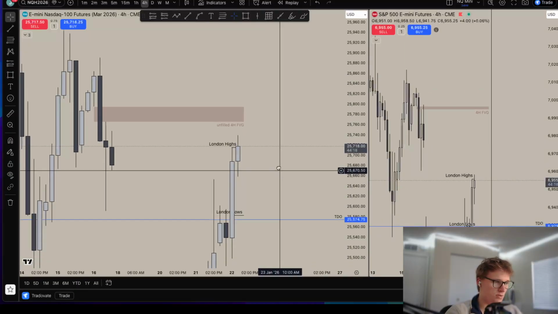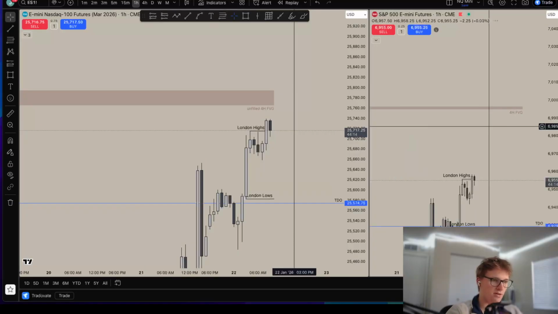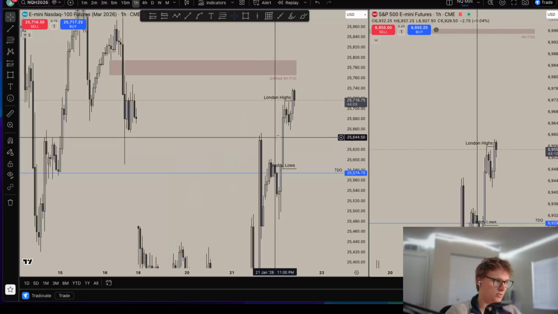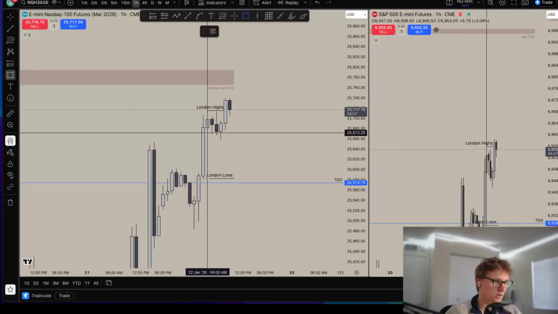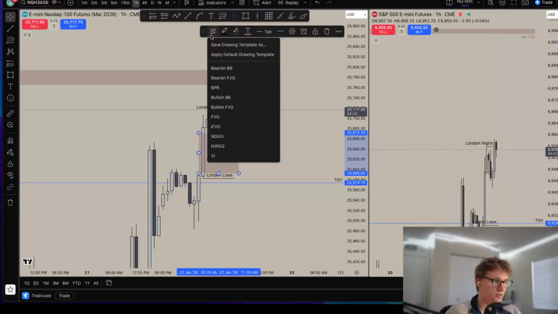Okay, now what we're going to do is look on the hourly time frame. Looks like we have a big hourly gap underneath us. We're currently in a new week opening gap. We have this unfilled hourly with London lows as well.